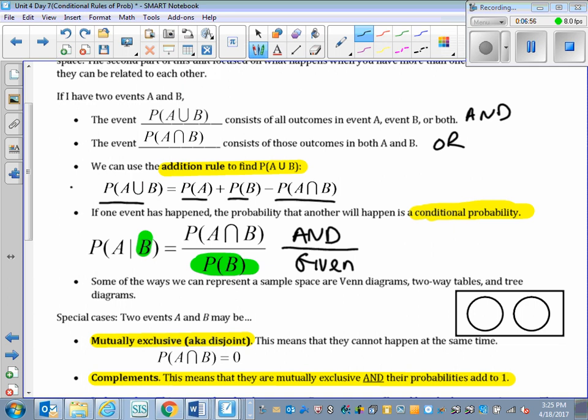And your conditional probability. Take a moment, make sure you have all of this down, pause the video if necessary, because I'm going to move on. Okay, but again, all of this is stuff that you already should know.